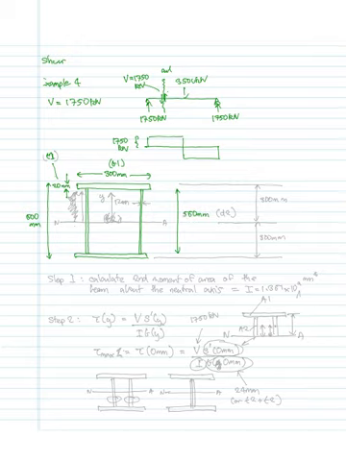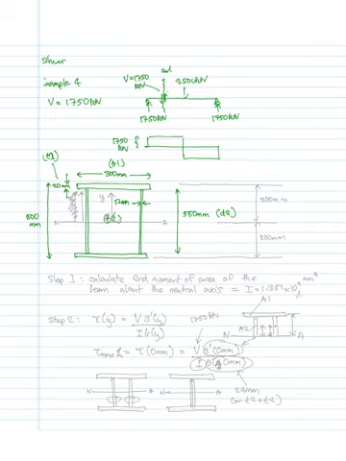I'll call that D2. And the thickness of each of these is going to be 12 millimeters, which I might want to call T2 later on. Just put those in brackets.